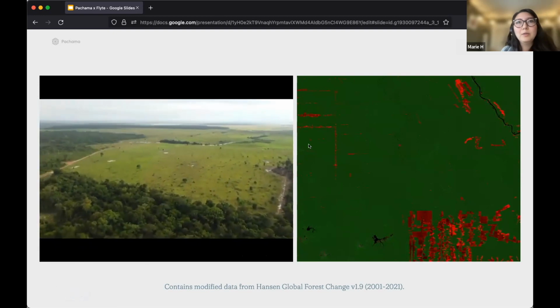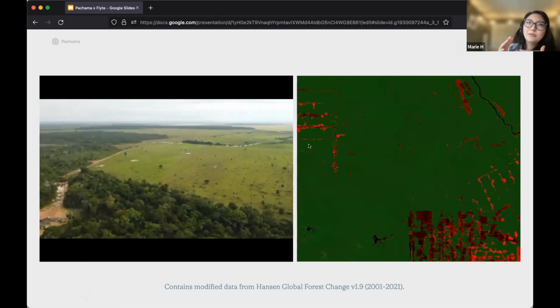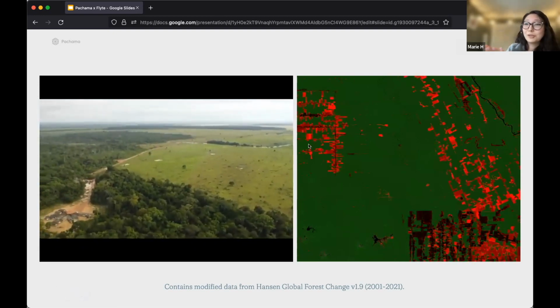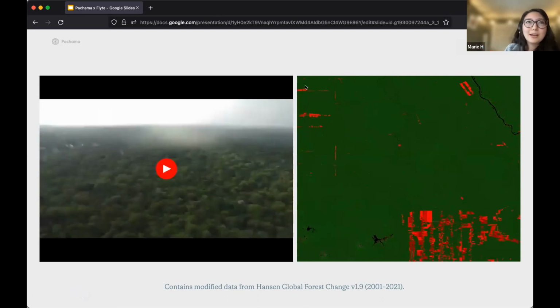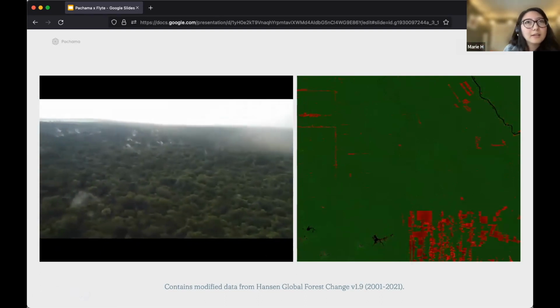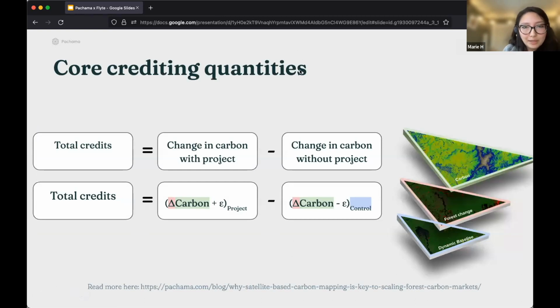On the right, we see looking for those changes over time with satellite imagery. And the last input is carbon, since we're checking the change in carbon, and we're using remote sensing inputs and machine learning to create carbon maps for this.